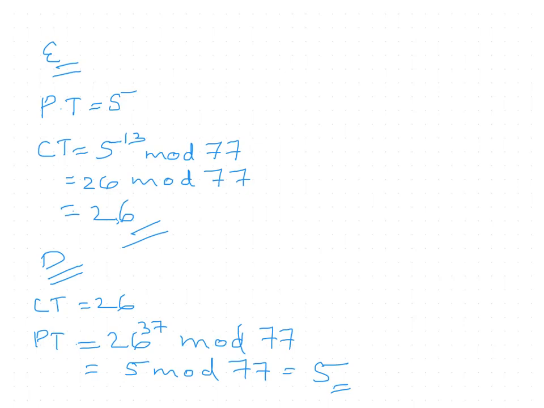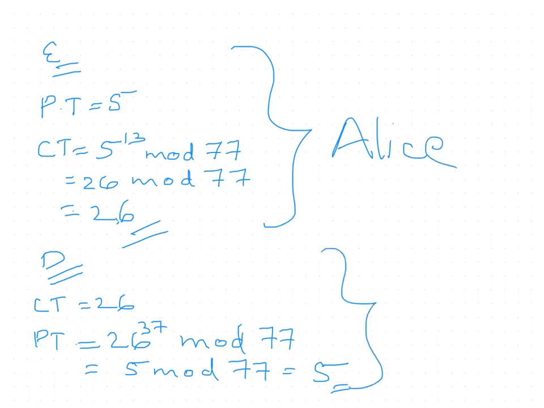Now this happens on Alice's end, and this happens on Bob's end. So this is the encryption and decryption process for RSA.